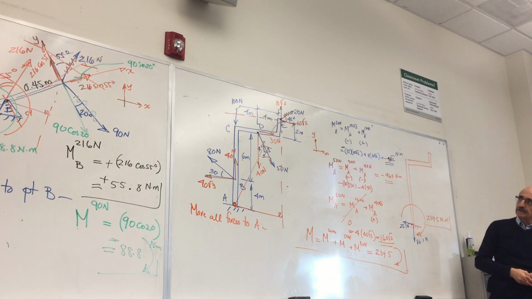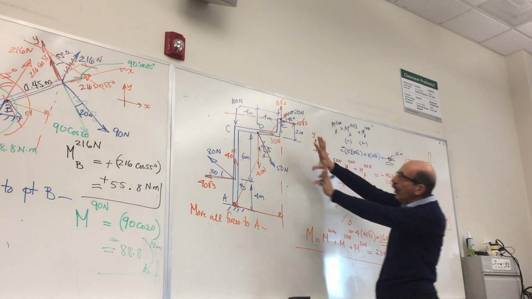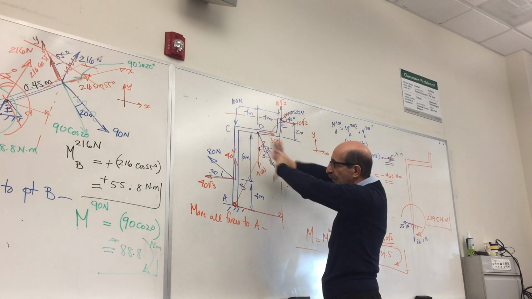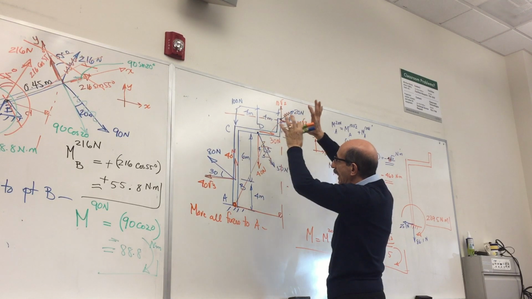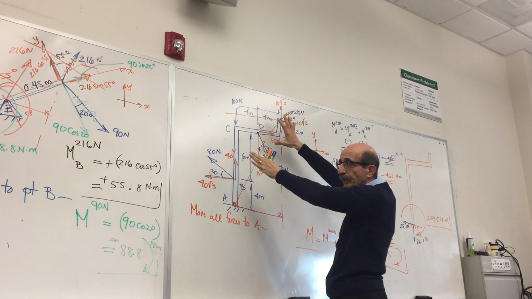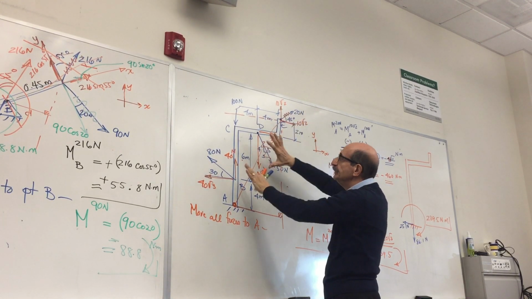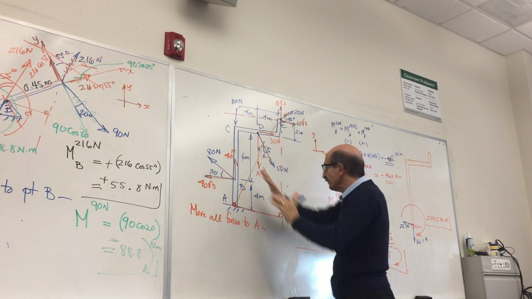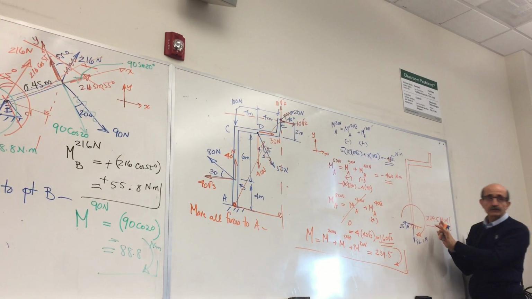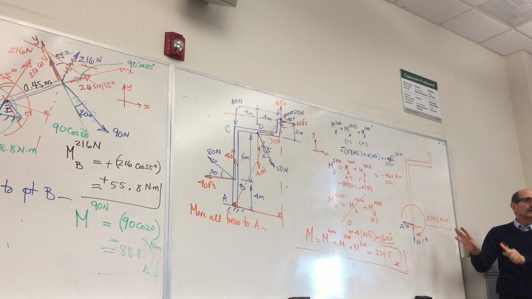So what it means is all these forces combined at those locations where they are applied do exactly the same thing to this structure as this system of a force and a moment does.